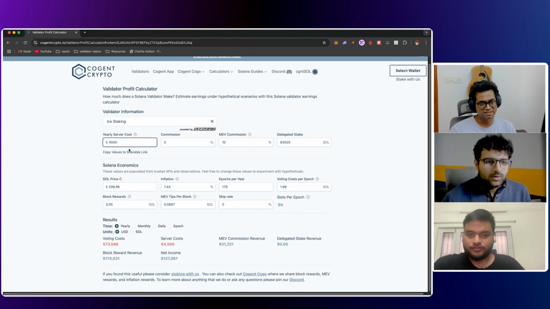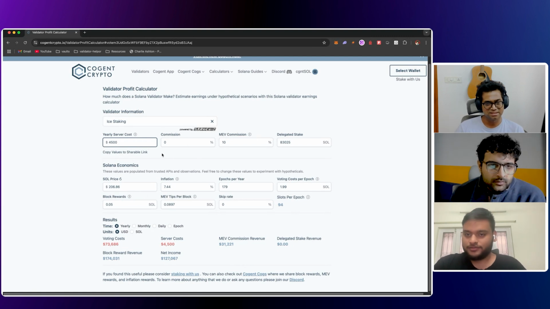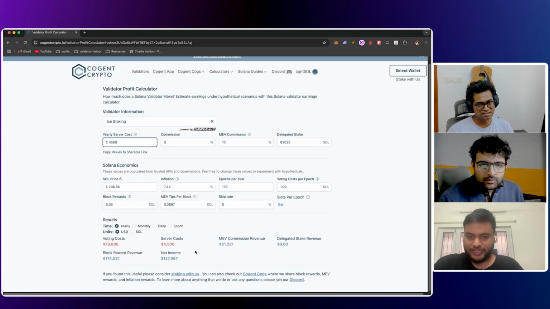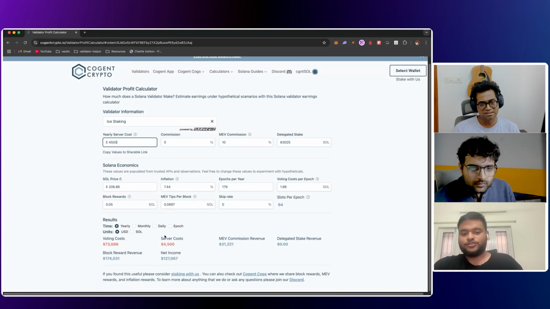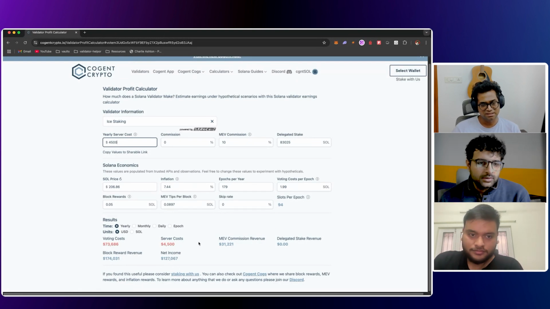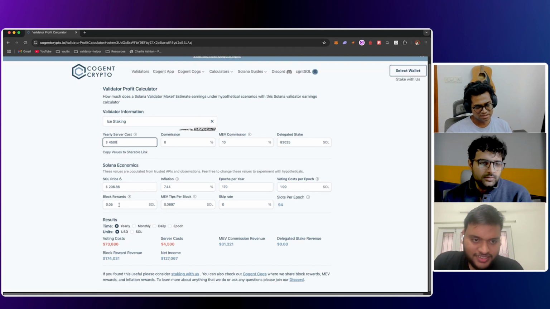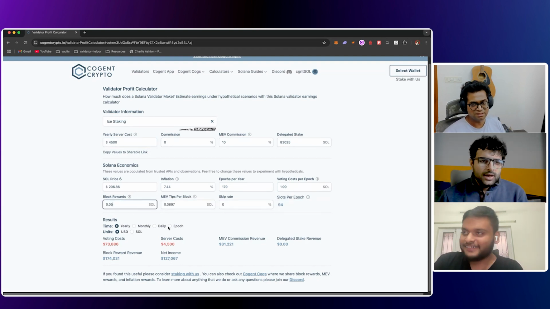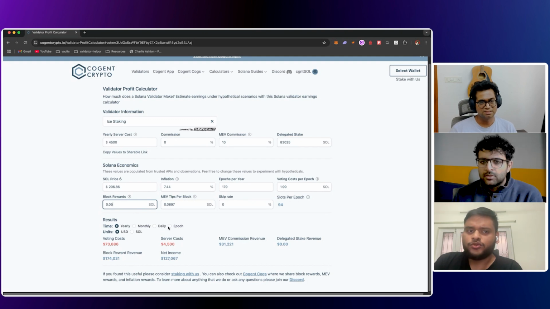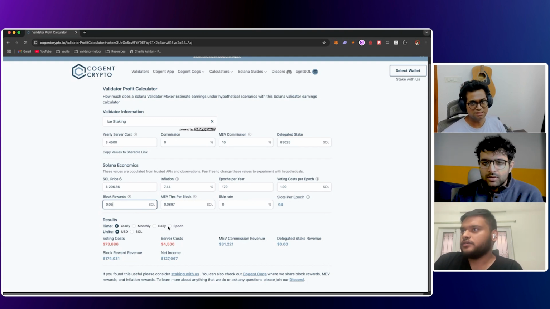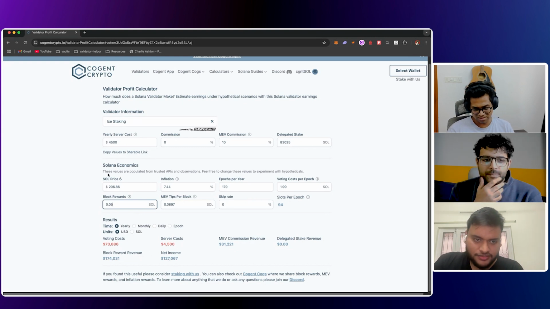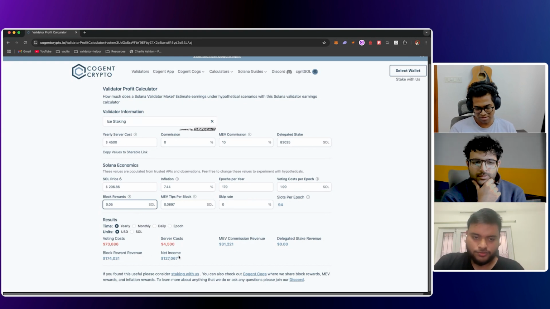You can enter your server amount, your configuration, how much SOL you have, SOL price, inflation, and it does the math for you, so how much you make yearly. Very cool, but something is broken. These guys are also from India, right? No, Cogent Crypto is not from India. But I guess hard-coded values work, so we should be fine.